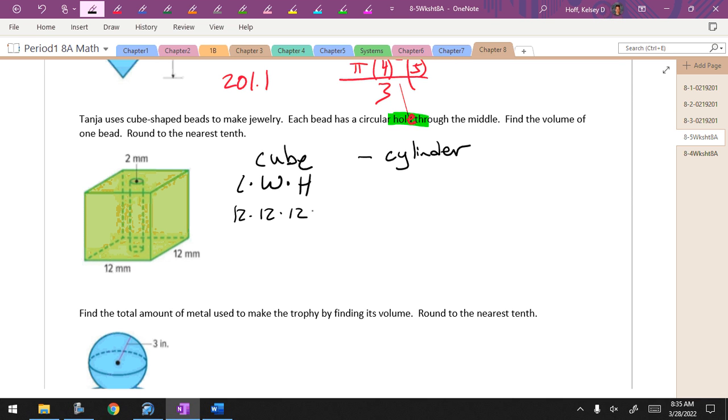So if we take 12 times 12 times 12, I get 1,728. Okay. What's my formula for cylinder?